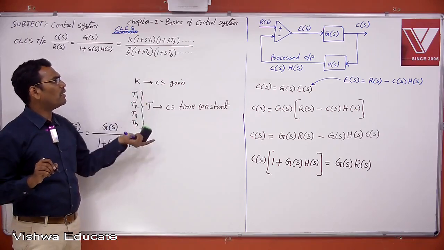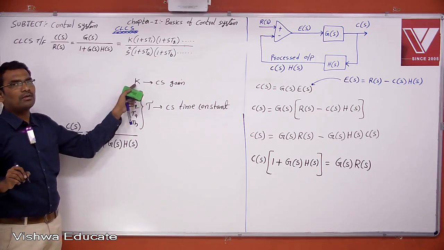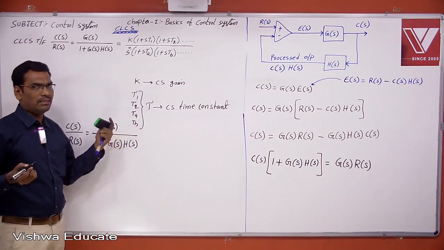But what is here? This is the closed loop control system, which is called the closed loop control system gain and the closed loop control system time constant. That is the only difference.